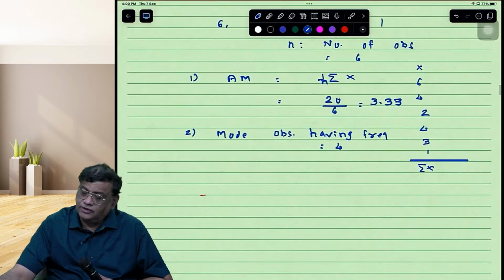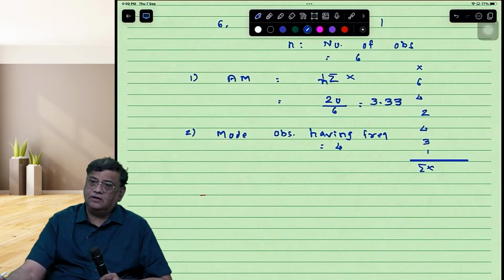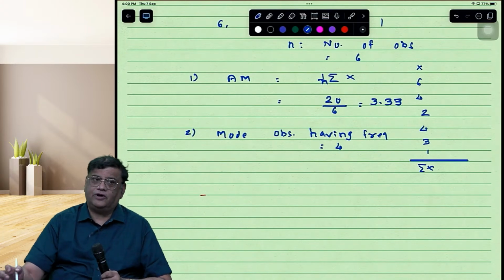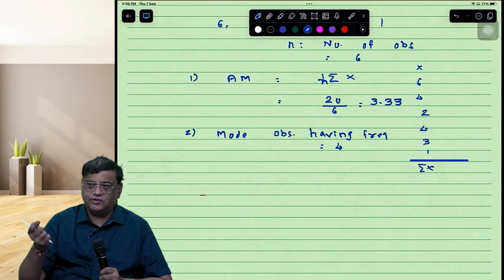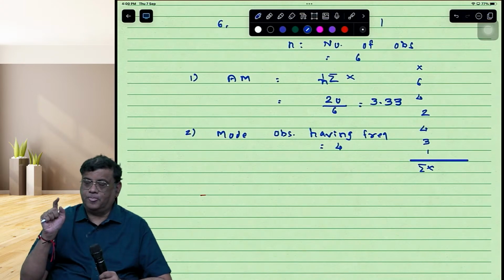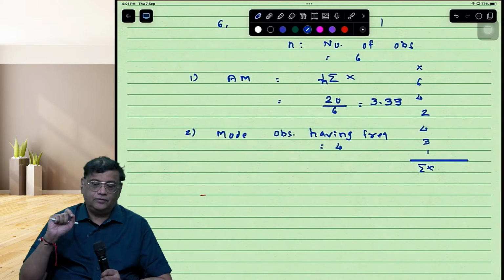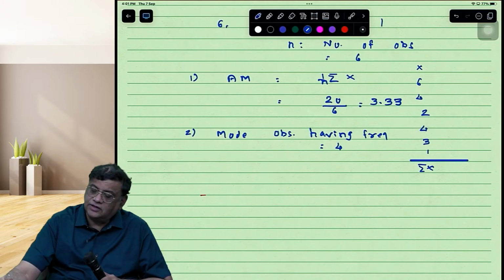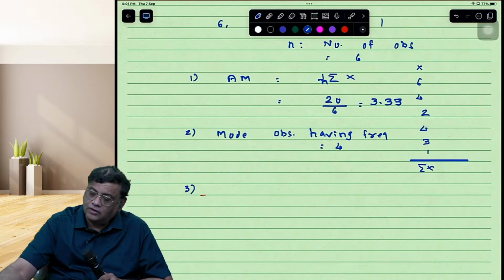Now, whenever we are interested in the arithmetic mean, we take total. Whenever we are interested in mode, we find out what is the maximum frequency. Now it comes to median. Whenever we want the median and quartile and decile and percentile, these are called the partition values. We arrange the data in the increasing order.